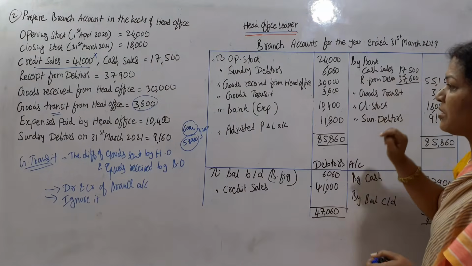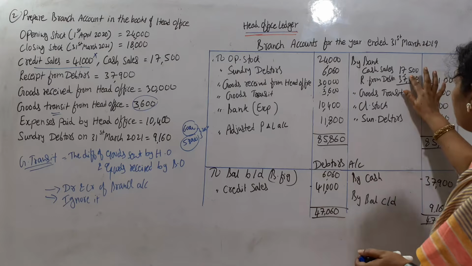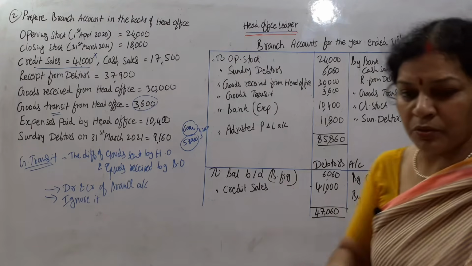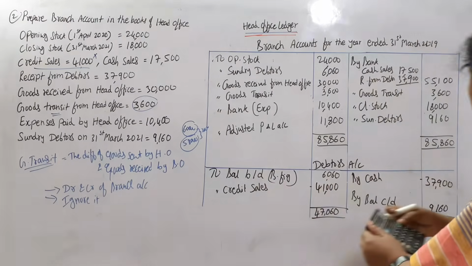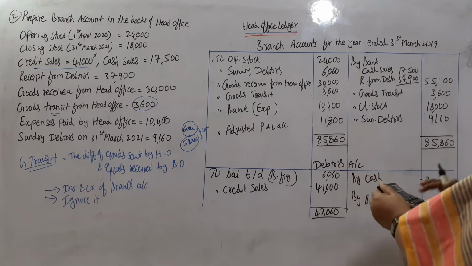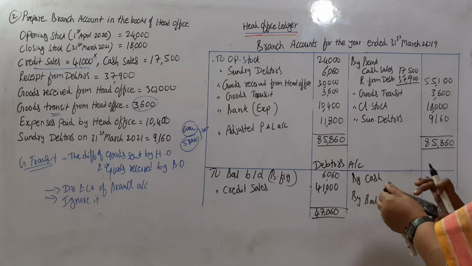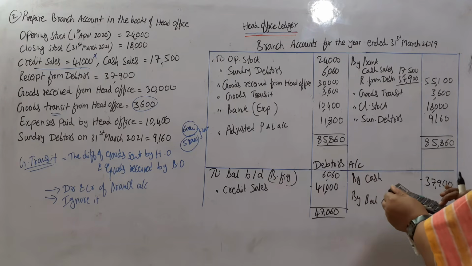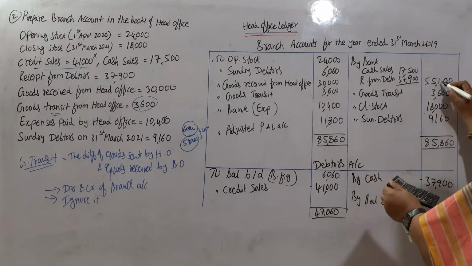I have written by mistake 37,900. So if you calculate it, 37,900 plus 17,500 is 55,400.